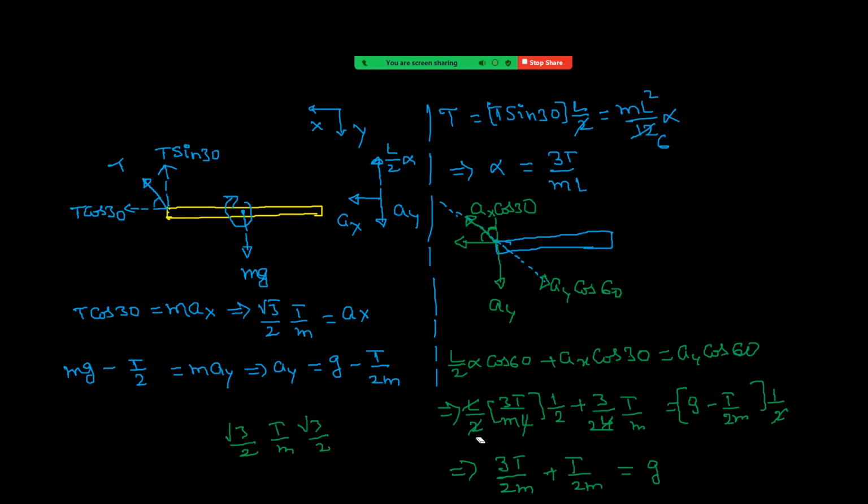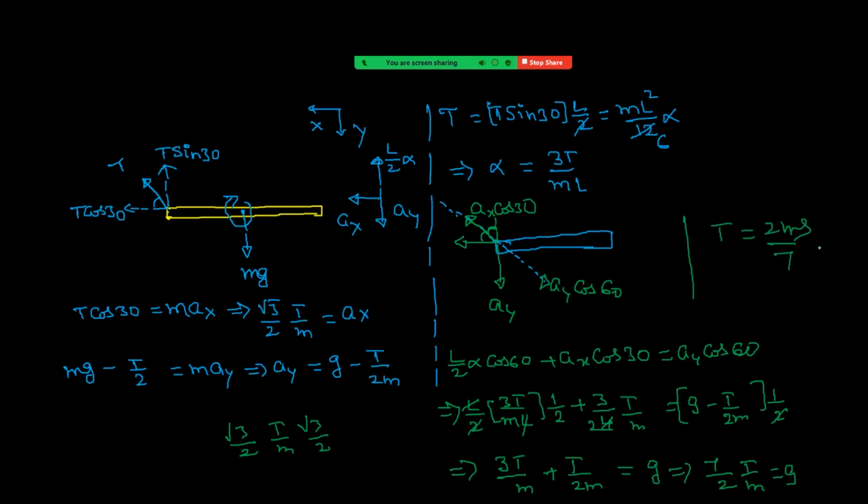Here 2 and 2, 3 by 2, 3 by 2. This is 3, a mistake I made here. So it is now 3 by 2 and 3 by 2, that is 3, plus 3 by 2: 6 plus 1, 7 by 2. So 7 by 2 T by M equal to g, which implies tension is equal to 2mg upon 7.